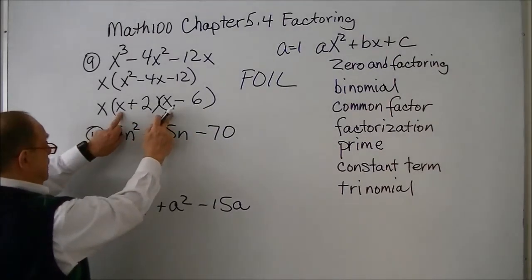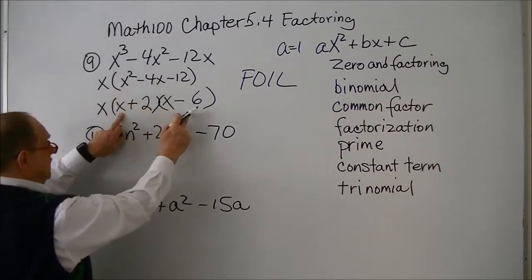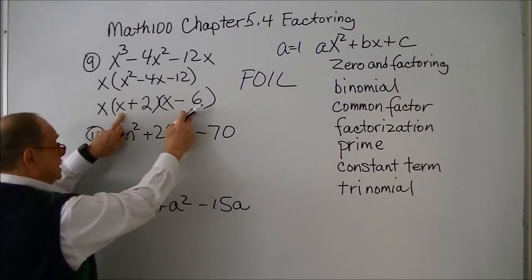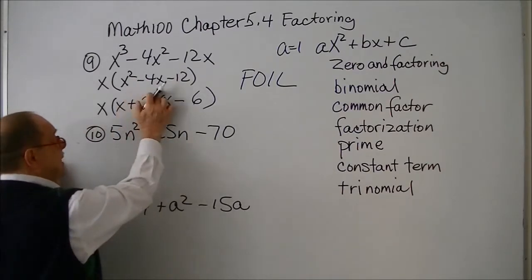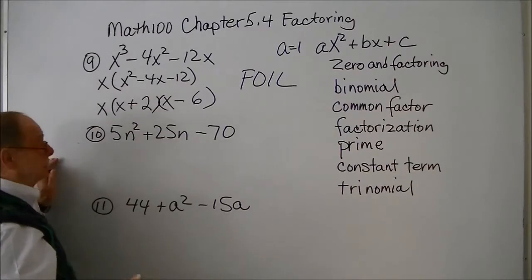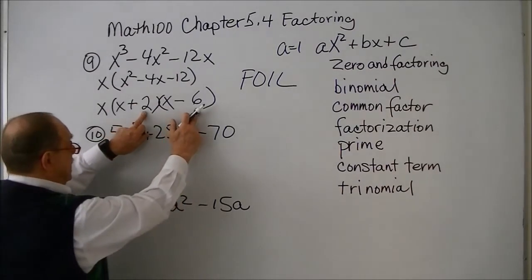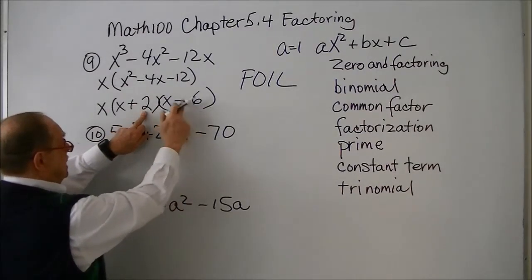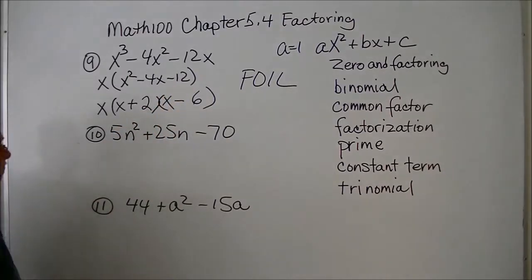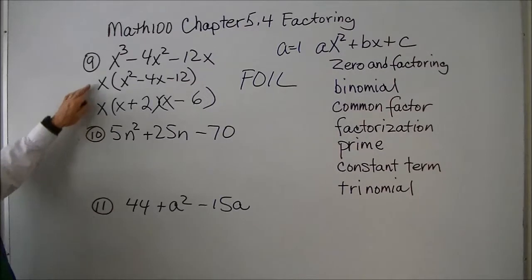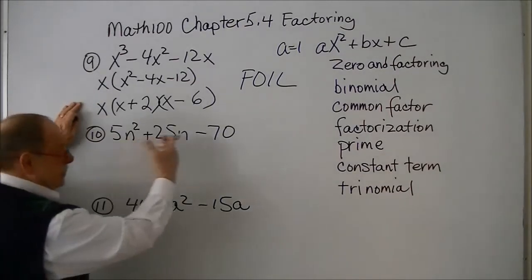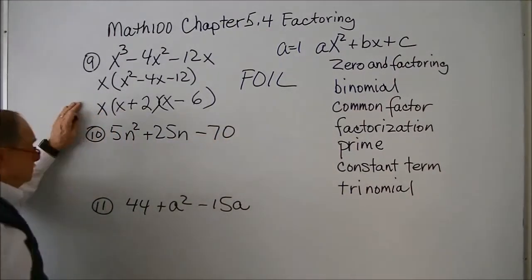Because when I FOIL, I get x squared, a negative 6x, a positive 2x. That's going to give me a negative 4x for my middle term. And then for my last term, I'm going to get a negative 12. Remember, the x is part of the answer. This is your factorization.